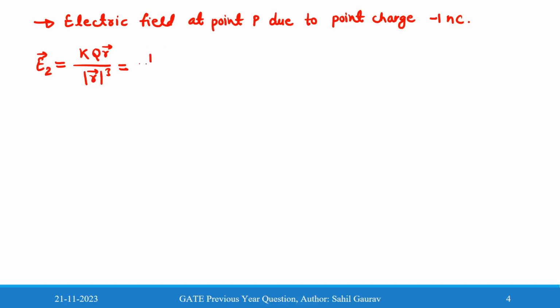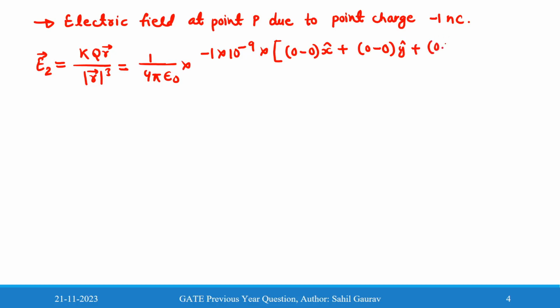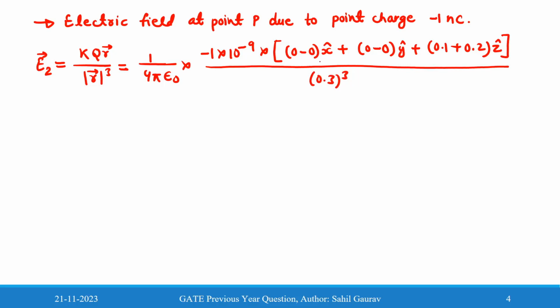So substituting all these values, 1 divided by 4 pi epsilon naught into minus 1 into 10 to the power minus 9, and taking the point where we have to find the electric field first, 0 minus 0 x cap plus 0 minus 0 y cap plus 0.1 plus 0.2 z cap divided by, so here we can see that magnitude of r vector is 0.3, 0.3 cubed.